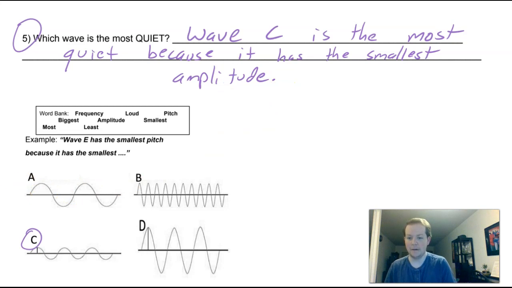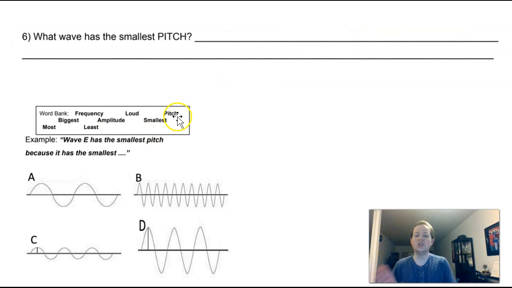Okay, there's number 5. One more. We're just about done. Last question, number 6. Which wave has the lowest pitch? Remember, pitch is the same as tone, tono. Which wave has the smallest or the lowest tone?